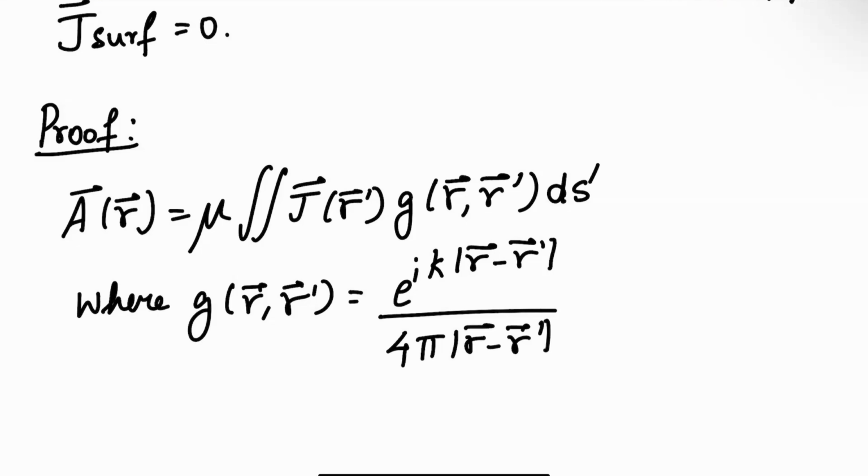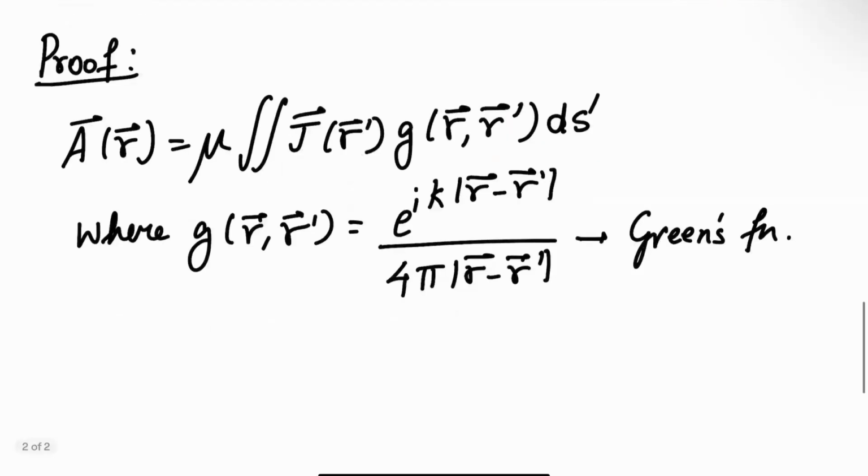We'll see this later. This is called the Green's function, but we've already seen this expression before. We saw it for arbitrary time dependence, and we also saw it in the context of time harmonic waves. So you're familiar with that.